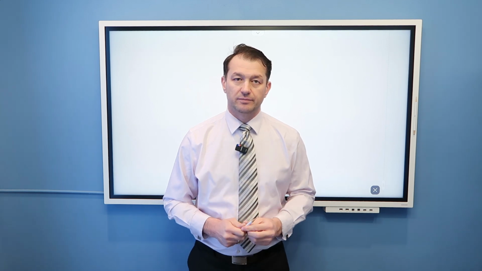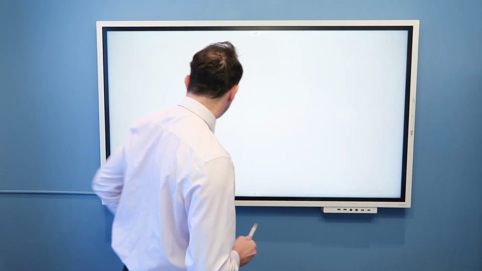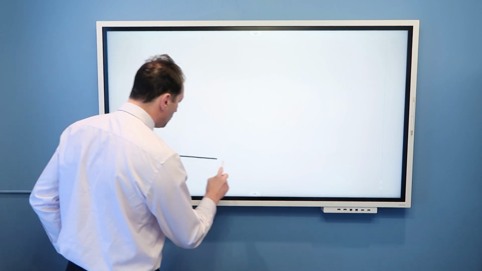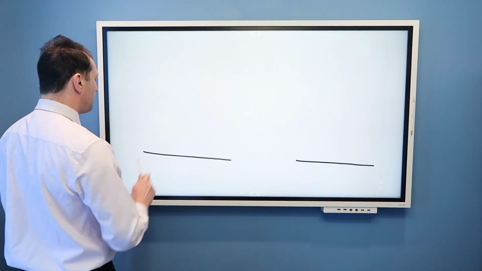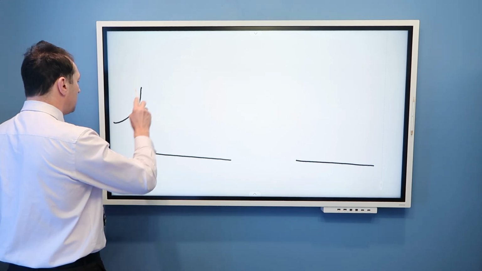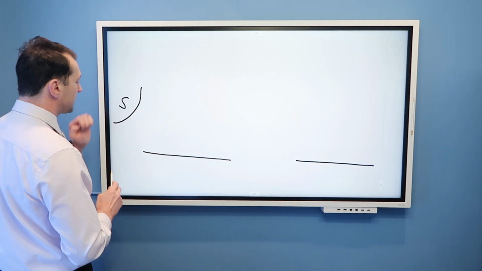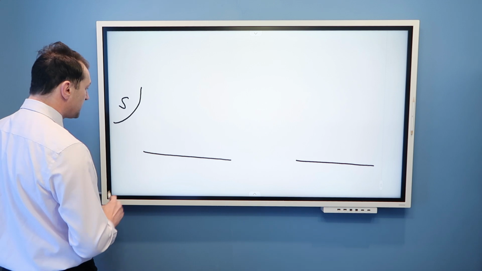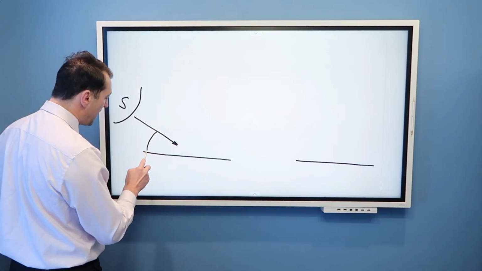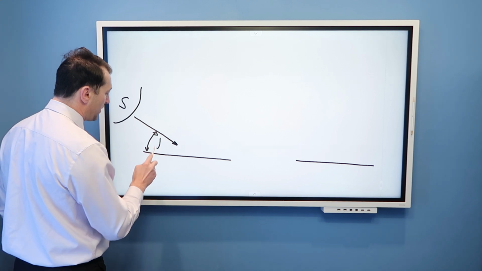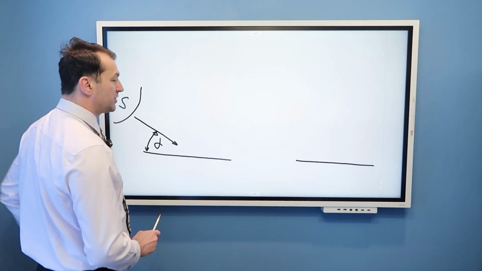Now let's start. We start by considering Earth's surface in two different situations. In situation number 1, the sun angle is low in the sky. Sun is indicated with the S, and therefore sun rays have this low angle, let's call it alpha, with respect to the Earth's surface.